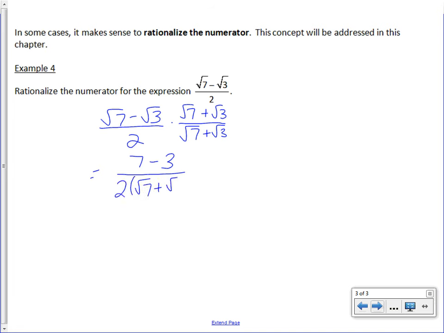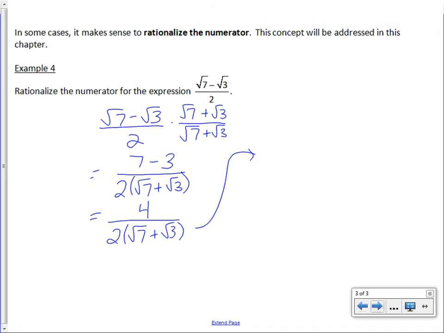Can you tell that I like planning these out to a T? Okay, because what's 7 minus 3, people? 4. That's neato because what can you do? Yeah, you're allowed to cancel there because the 2 is multiplied by this.